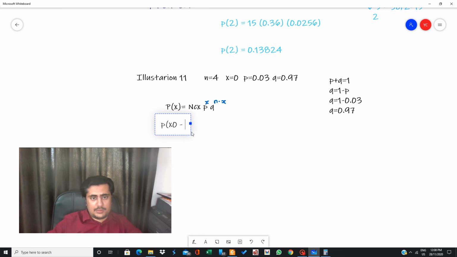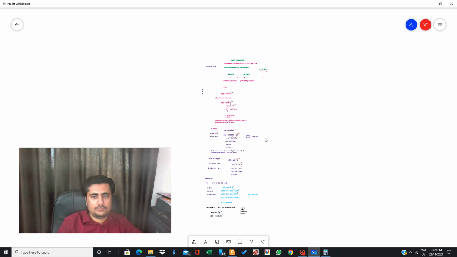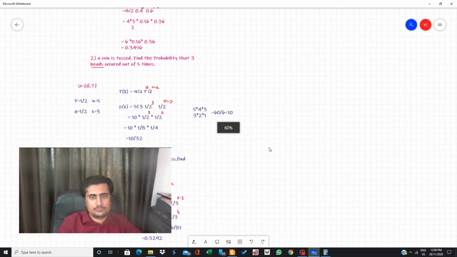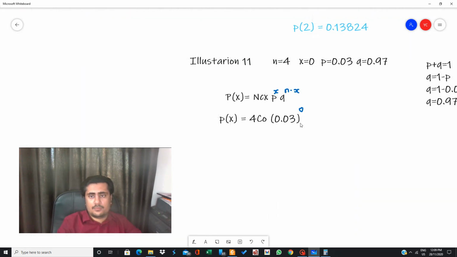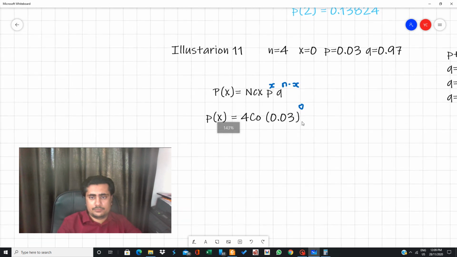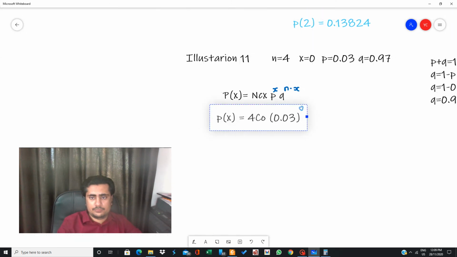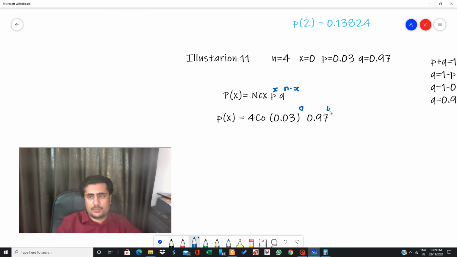So P of x is 4C0, p is 0.03 raised to 0, times 0.97 raised to 4 minus 0.